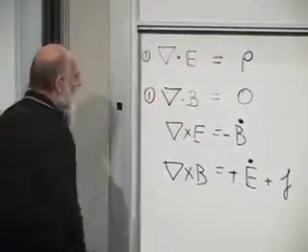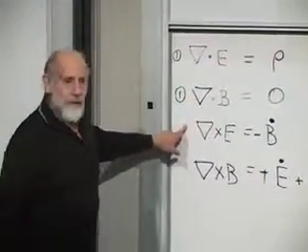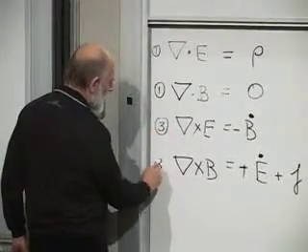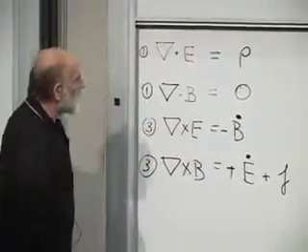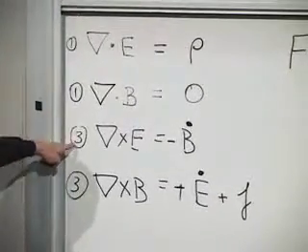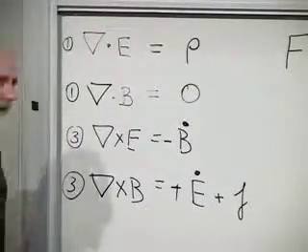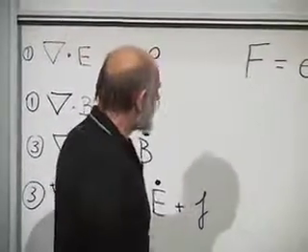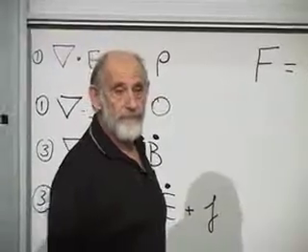One equation. How many is this? This is 3 equations. And this is 3 equations. So these are the field equations. That's 1, 2, 6, and 2 is 8. 8 equations. And, say it again?